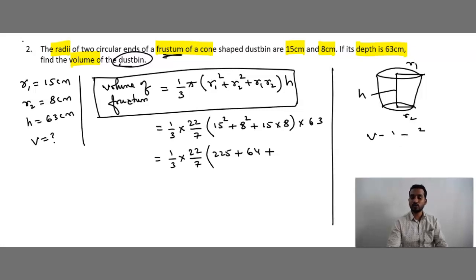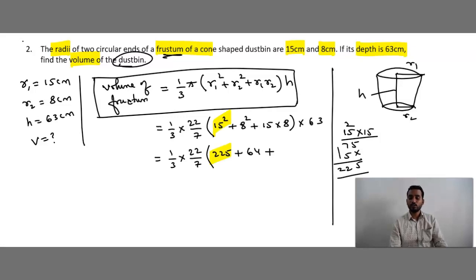If you don't know 15 square, I am going to show you. 5 5s are 25, 5 1s are 5, 5 plus 2, 7, 1 5s are 5, 7 plus 5, 12, 225. So 15 square is 225. 8 square, 8 8s are 64, plus 15 8s are, 5 8s are 40, 8 1s are 8, 8 plus 4, 12, that is 120. 15 8s are 120, into 63.